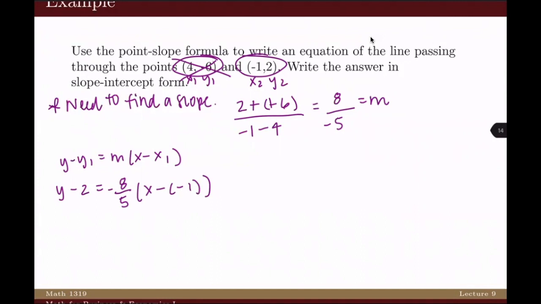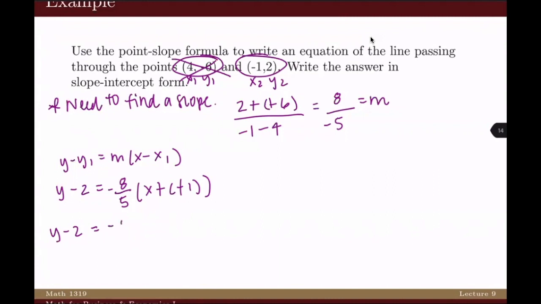All right, so now I have y minus 2 equals negative 8/5 x plus, oh, sorry, minus and minus is plus. So we get plus 8/5. Oh, nope, I'm wrong. So let's start from here.